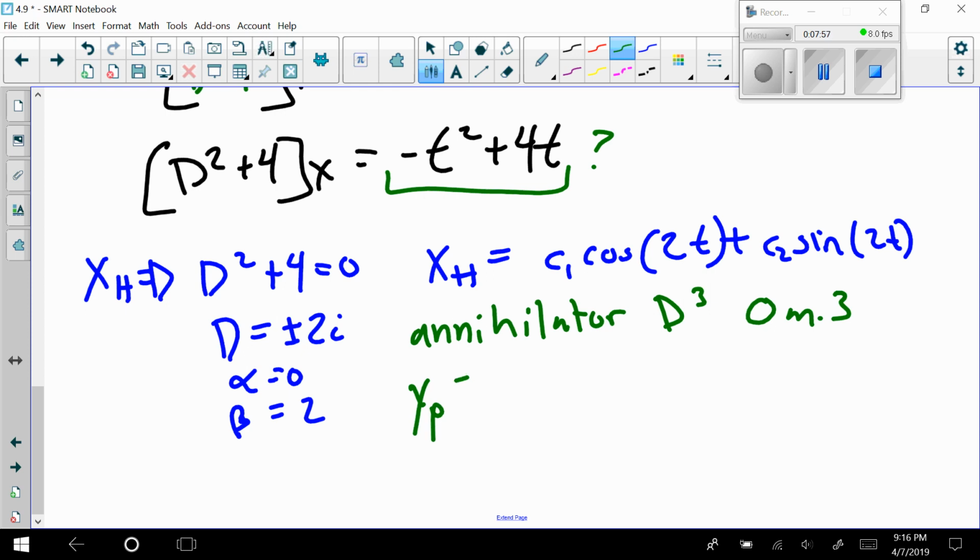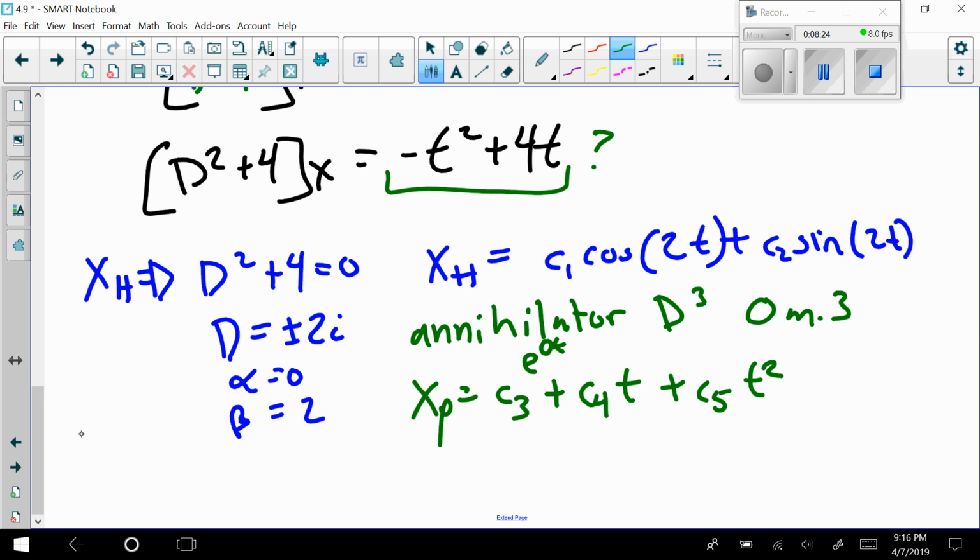Sorry. It's not y. And it does matter, so x sub p here would be c sub 3, because I've already used the 2, plus c sub 4t plus c sub 5t squared. Again, each one of these terms technically has e to the 0t, but that's 1, so I can just have those drop out.